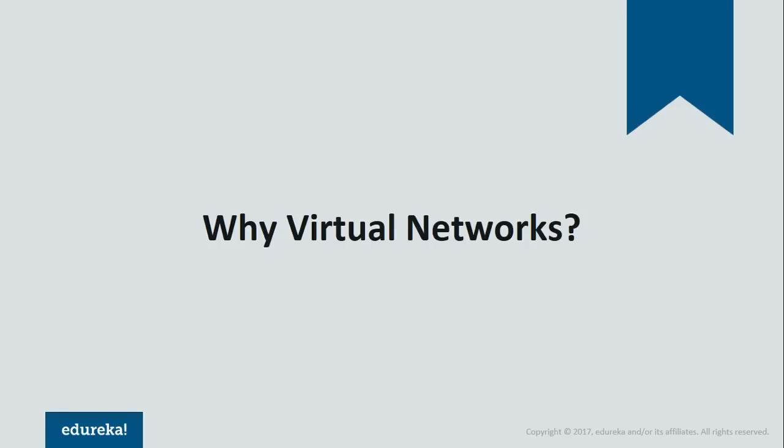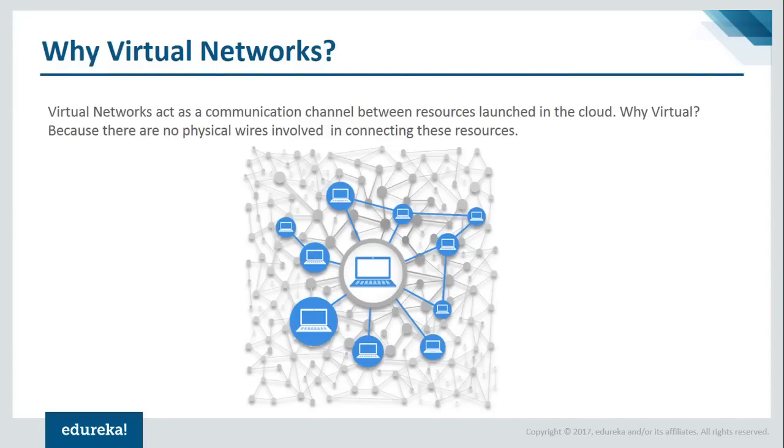Now let's start with virtual networks and first understand why we actually need them. Like I said, we have virtual machines. If you launch two virtual machines and you want both of them to communicate with each other, for example, in our demo session today we'll be deploying a web server and a database server, and we want the web server to talk to the database server. For this communication, we need a channel and hence we need a network.